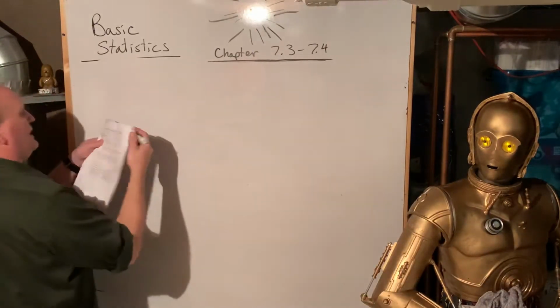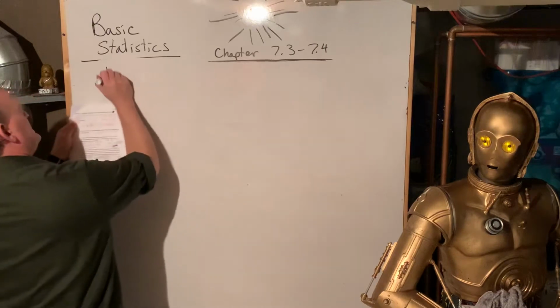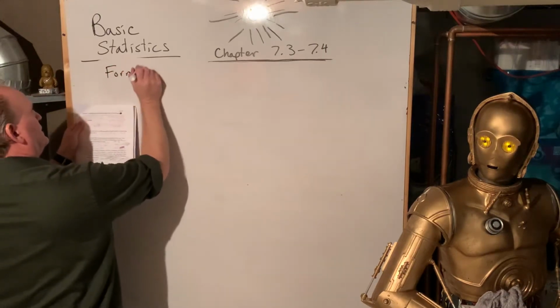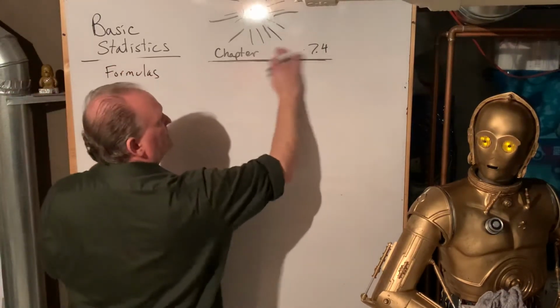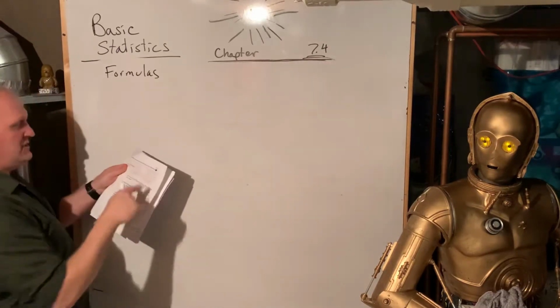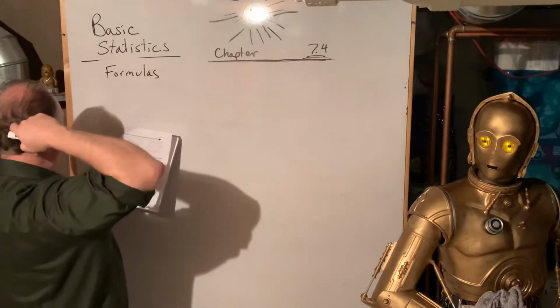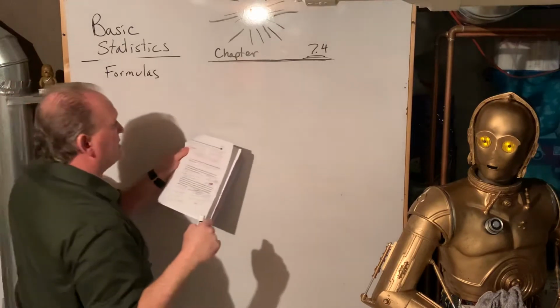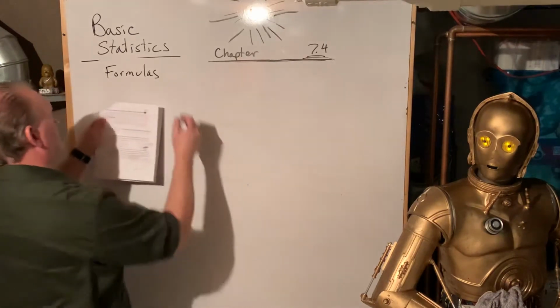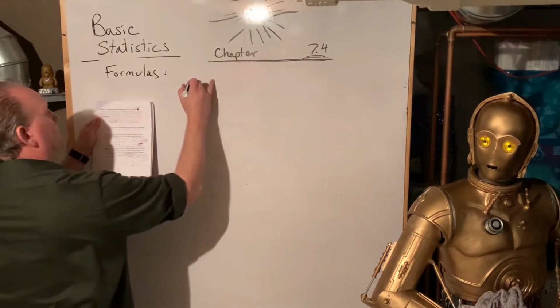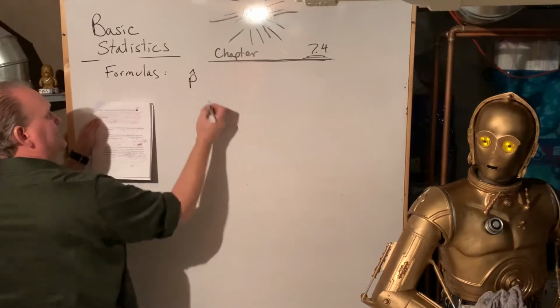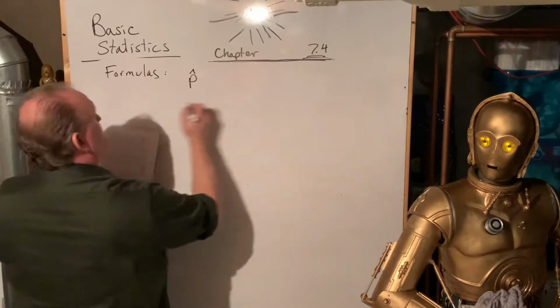And so probabilities, P. So we're looking at 7.4, top of the page: confidence intervals and sample sizes for proportions or probabilities. All right, so look. When we say P hat, that's read P hat.